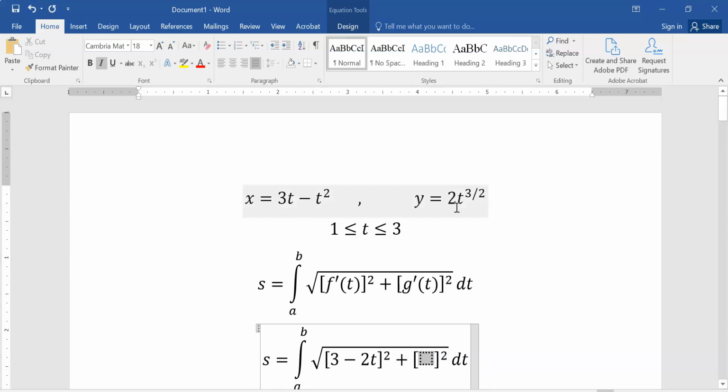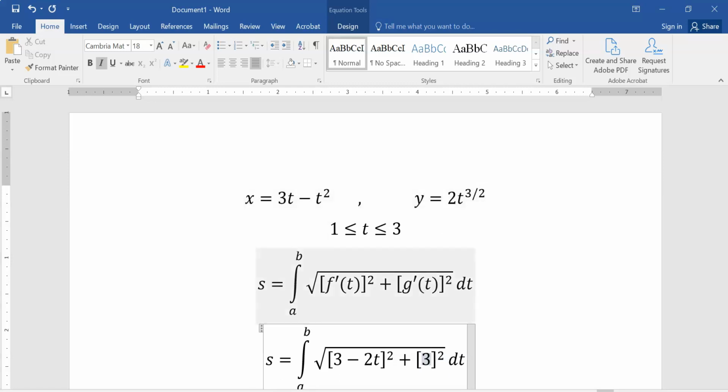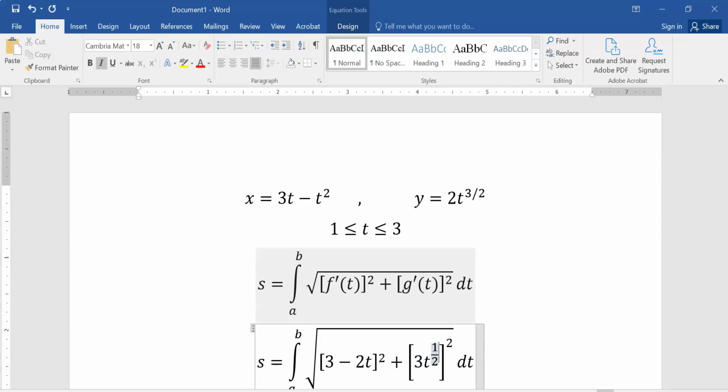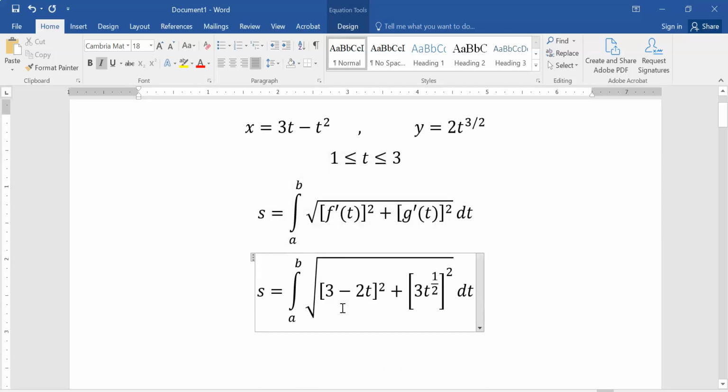By the way, the derivative of this, 3/2 times 2 is 3, then we get t to the 1/2 power, since 3/2 minus 1 is 1/2. So we end up with that as my arc length. Now, obviously, since our t values are between 1 and 3, the lower value is 1, the upper value is 3.